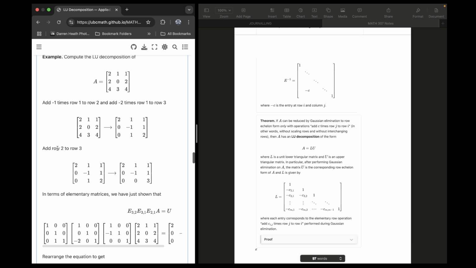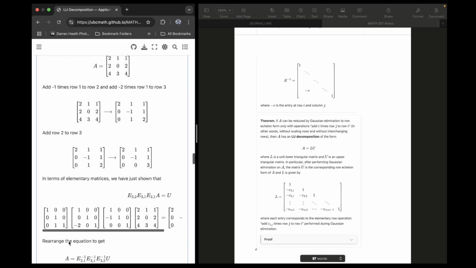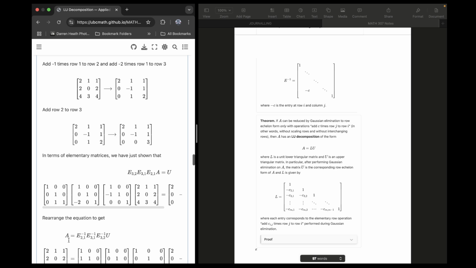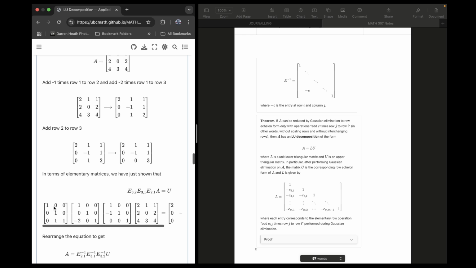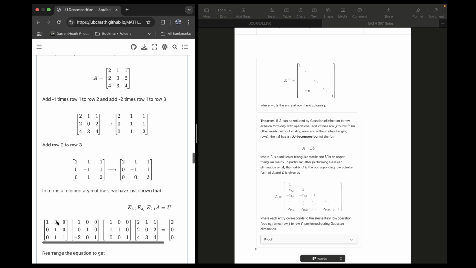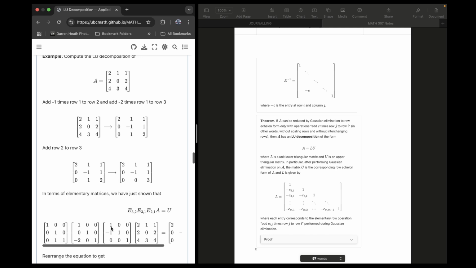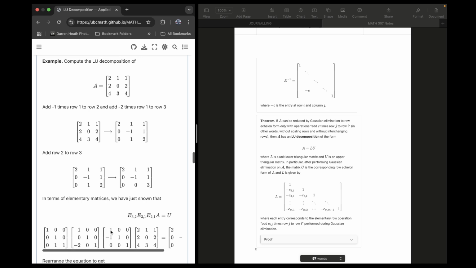But I don't know why the matrix looks like this. Add row 2 to row 3. Let's look at the first row operation. Add -1 times row 1 to row 2.